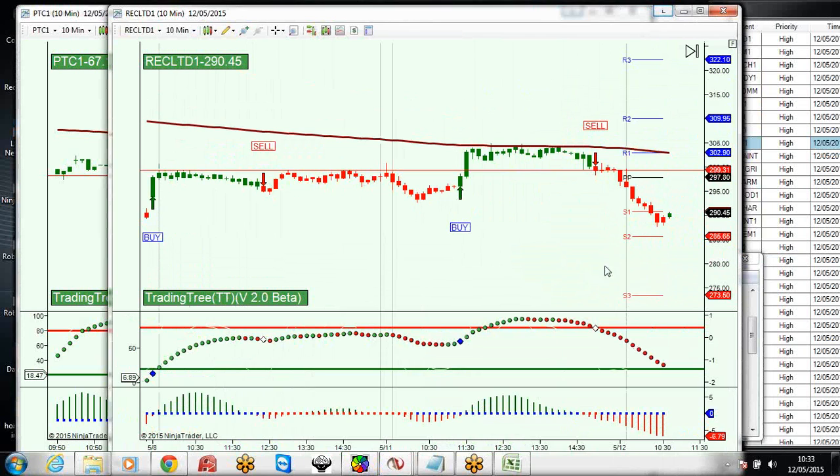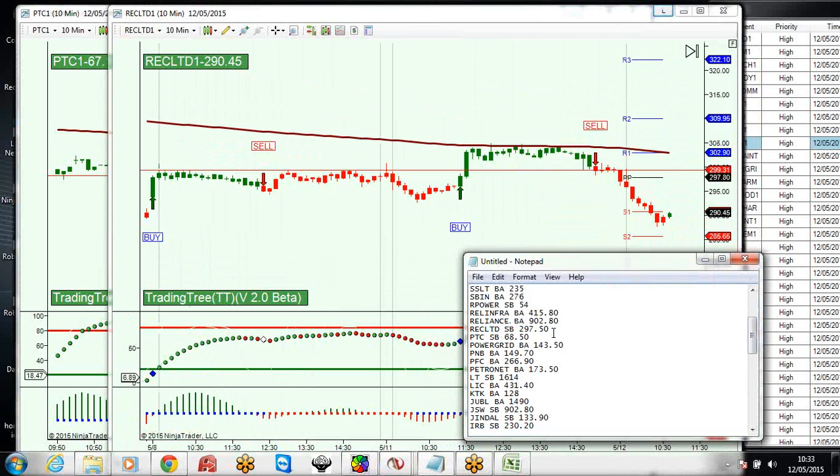REC, we had a short at 297.50. Now it is at 290, 290.50. So that's roughly around 7,000 rupees.